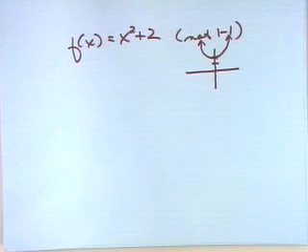So clearly, it does not pass the horizontal line test in a lot of different instances, so it's not 1 to 1. What can we do when we have a function that's not 1 to 1 and we want to work with part of it so that we can find the inverse of that part that is, in fact, 1 to 1? Well, if I had an eraser here, I could just erase part of it, right?